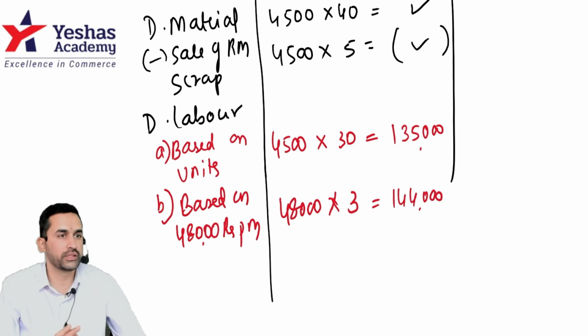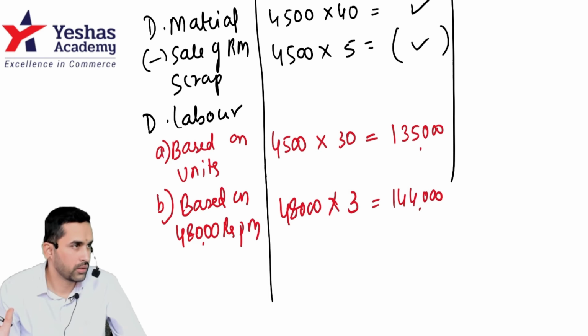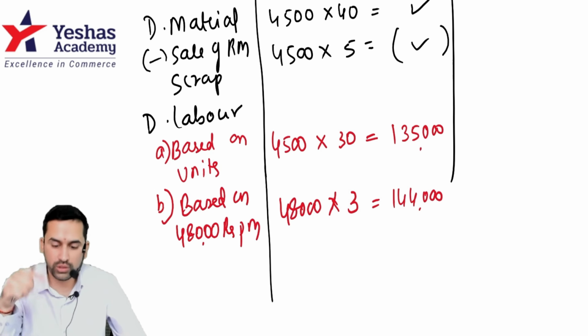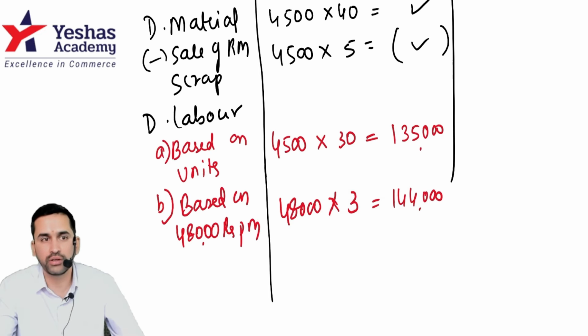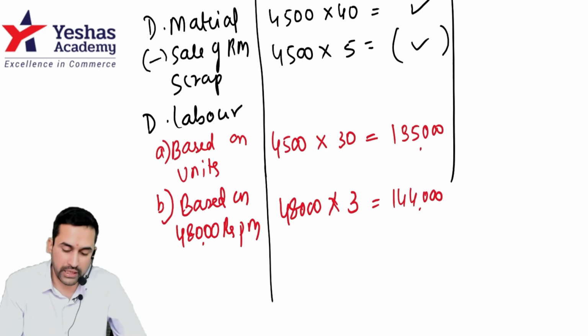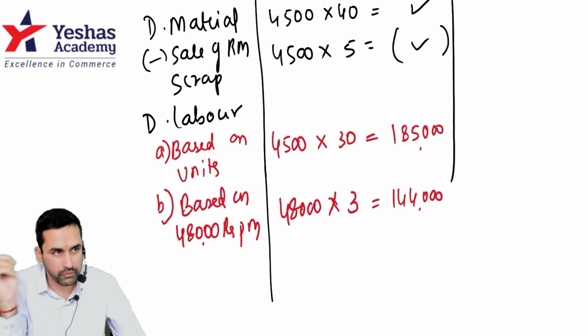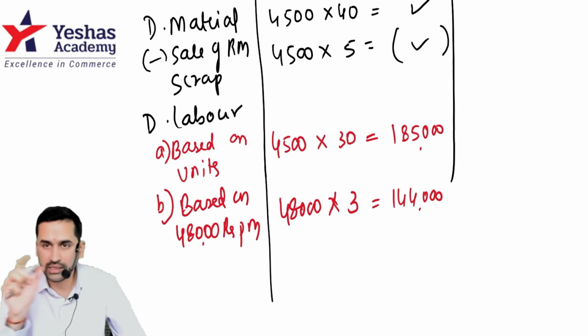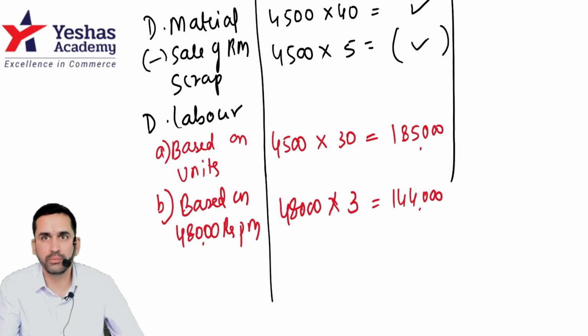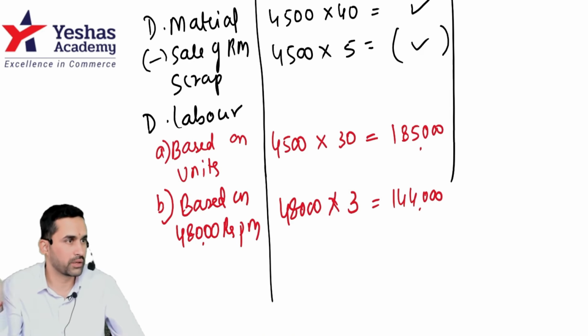You can't pay 135 to the employee because it says subject to a minimum of 48,000 per month. If he is getting more than 144, you pay. If he is getting less than 144, you should pay at least 144. Imagine this was 185,000. What would you have done? 185,000. By the way, which employee will accept 144 at that time? Think. That is the meaning of the words subject to a minimum of 48,000 per month.